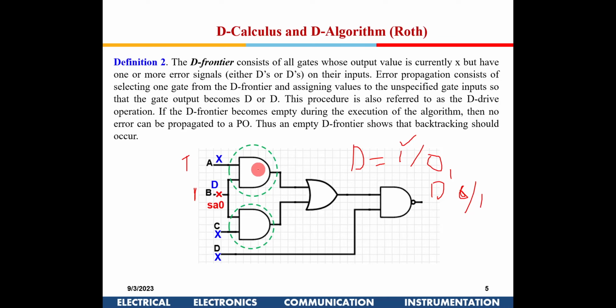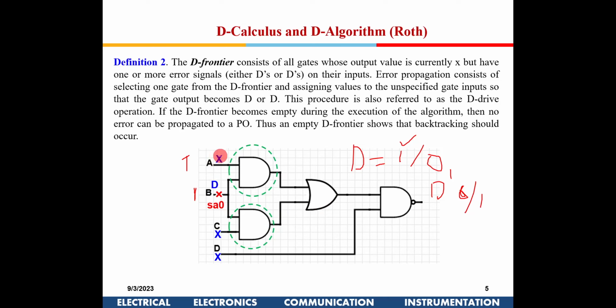We'll see some examples because things will be very clear then. So the D-frontier consists of all gates whose output is currently X. Why is it currently X? Because I have given D here, and two things have not happened. I have not decided whether I have to propagate from here or propagate here. That decision is still to be taken.